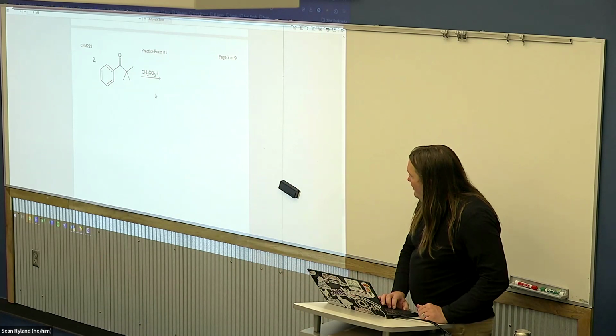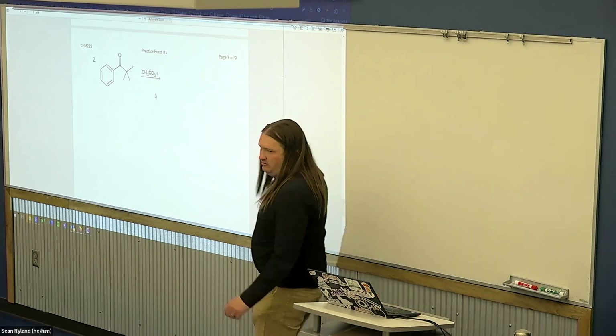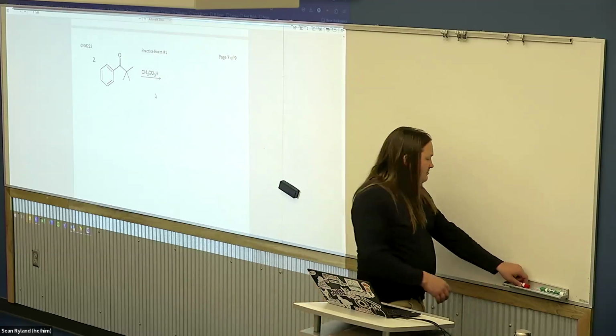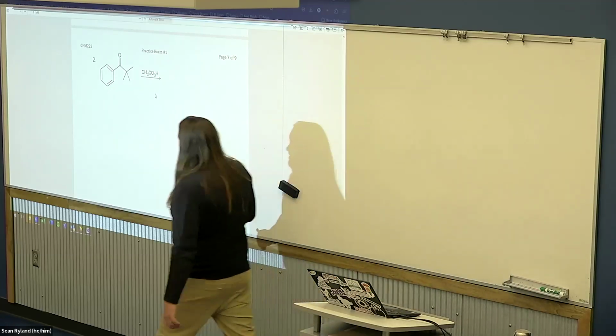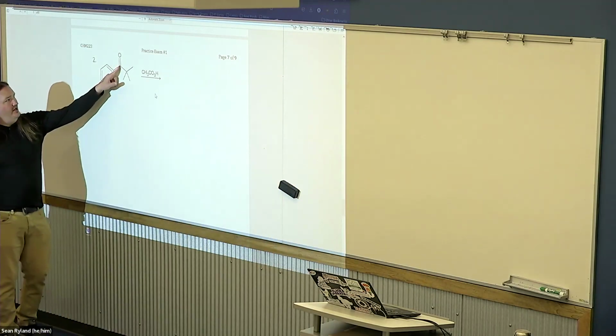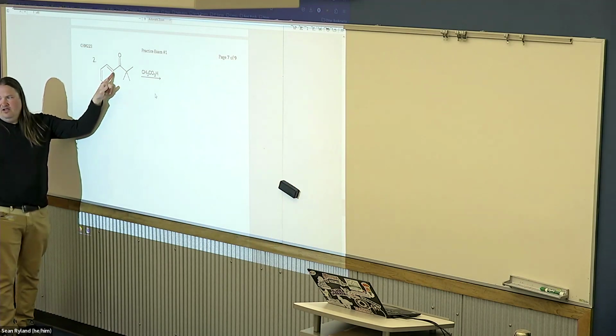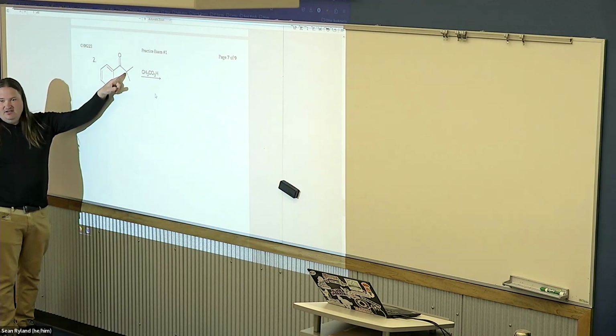Then there's your Baeyer-Villiger. So I know we just learned this one, but what would the product wind up being? We have to insert an oxygen between the carbonyl and another carbon, tertiary or phenyl. Where are we going to put the oxygen? On the tertiary side.